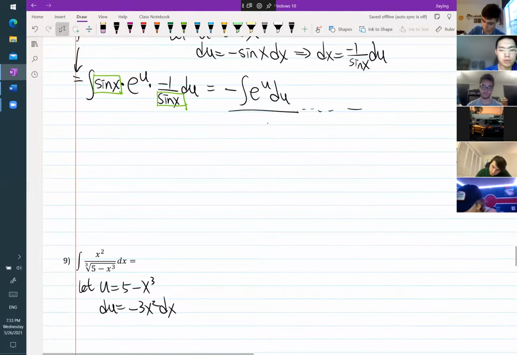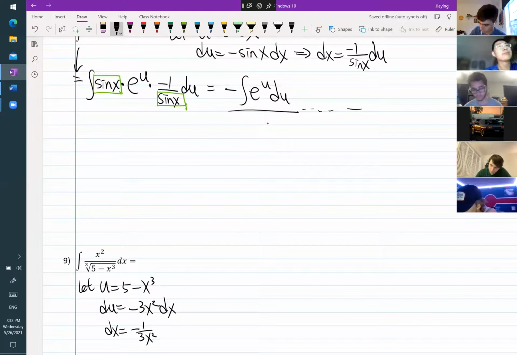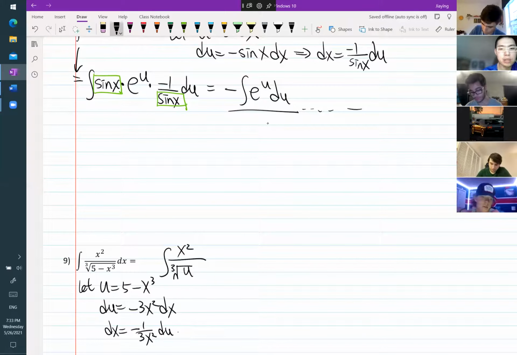And then we're going to solve for dx. That's a negative 1 over 3x squared du. So I'm going to put it into the integral. So the integral becomes x squared divided by cube root of u now, just u, nothing else.